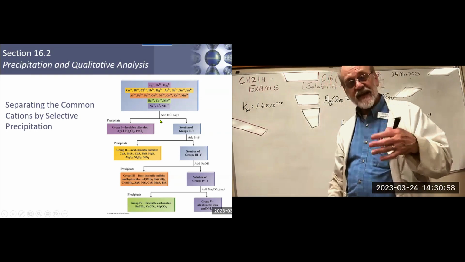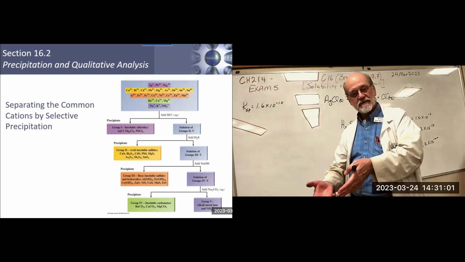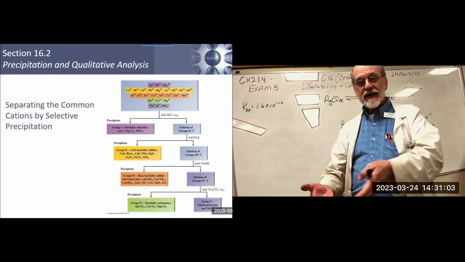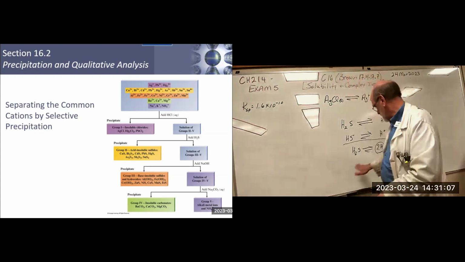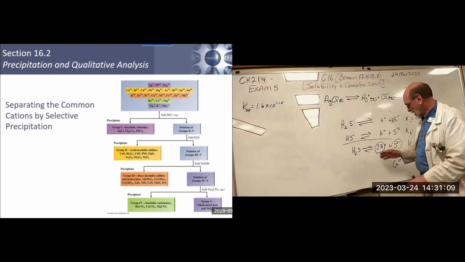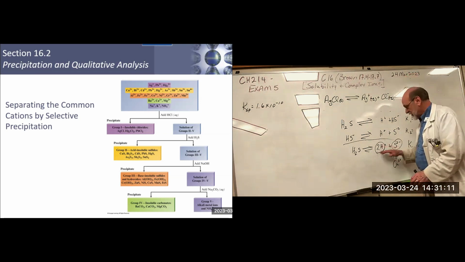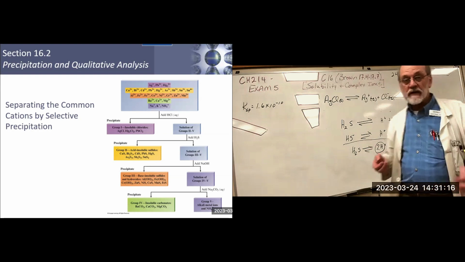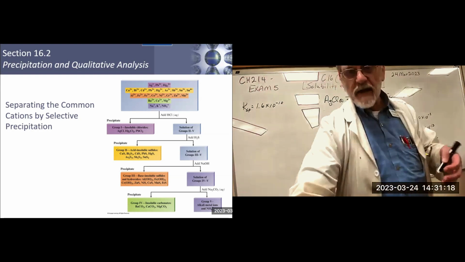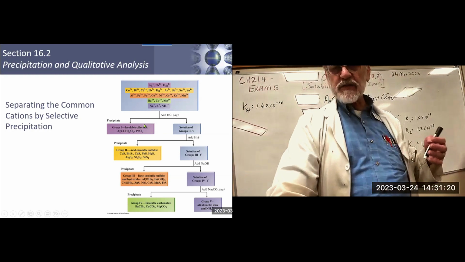Now the advantage to that is we've already added acid to the solution. Now if we add hydrogen sulfide, it's already acidic. So it's already got this added. That adding this is going to keep it over here with just a little bit of that. So now the sulfide, and by the way, this precipitation, this is group 1.